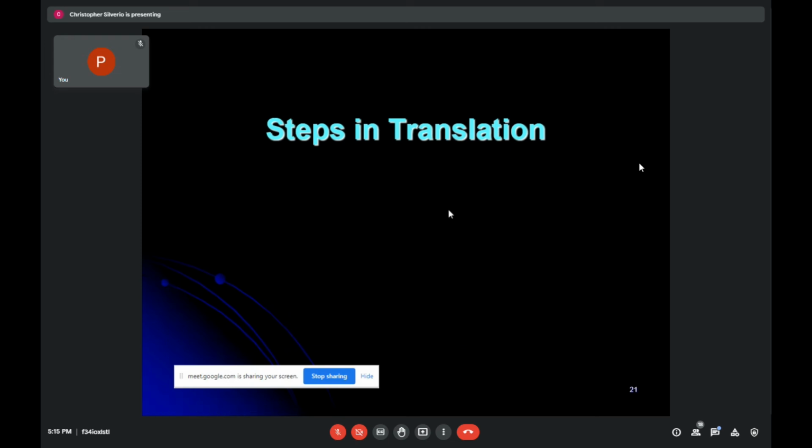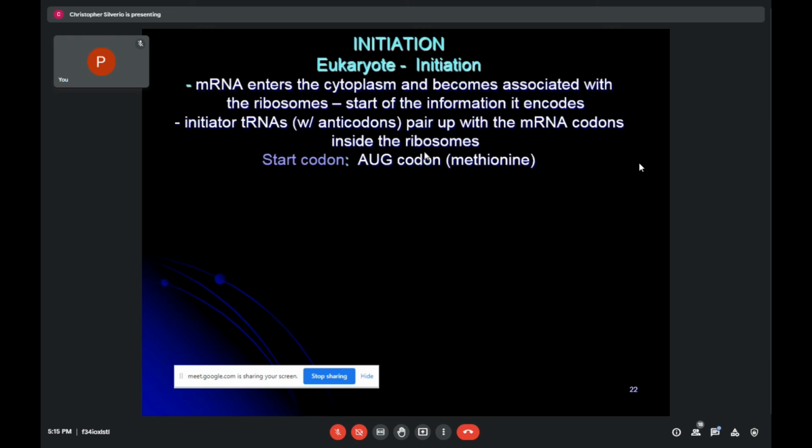So, steps in translation. The mRNA enters the cytoplasm and becomes associated with the ribosome, specifically the ribosomal RNA.